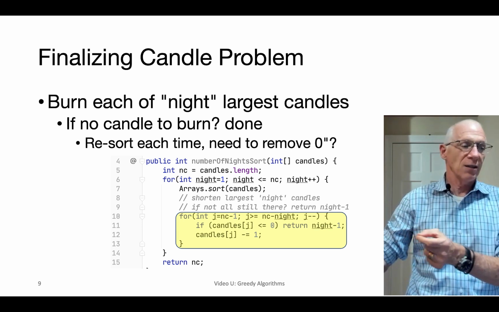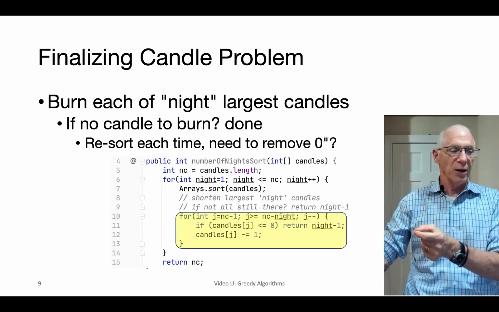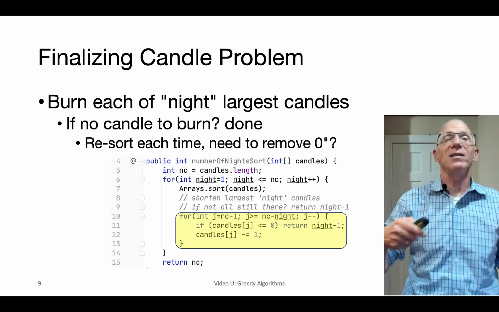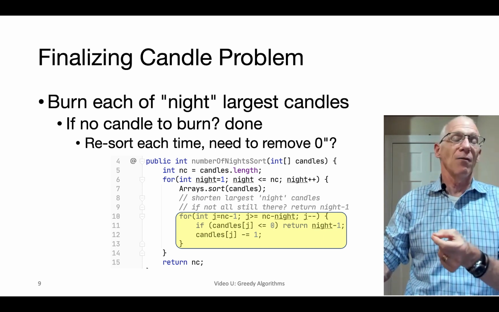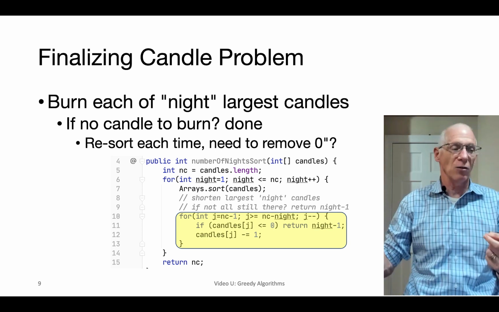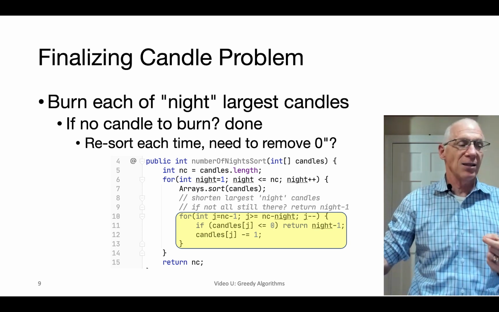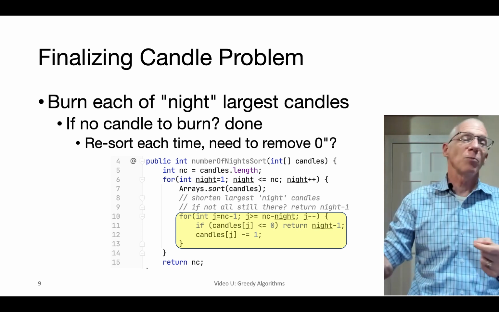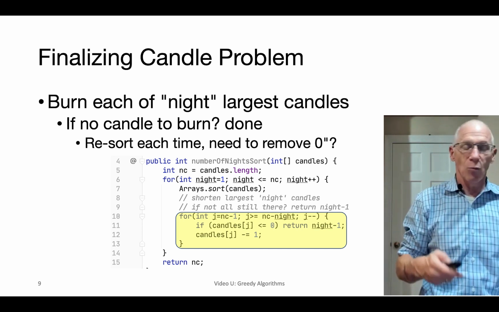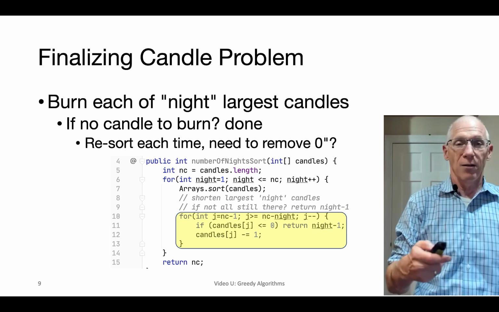And so since night is going 1, 2, 3, 4, and NC is the length of the array, the maximum number of candles, we can see that this loop starts at the largest index, NC minus 1, and goes down.